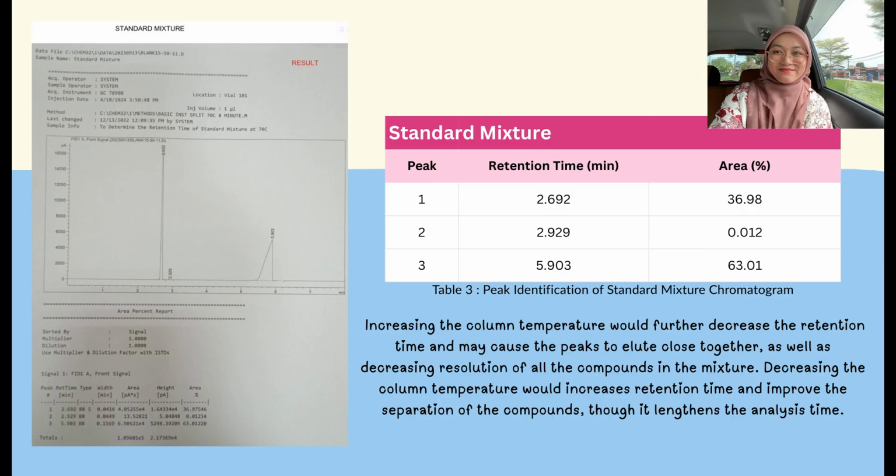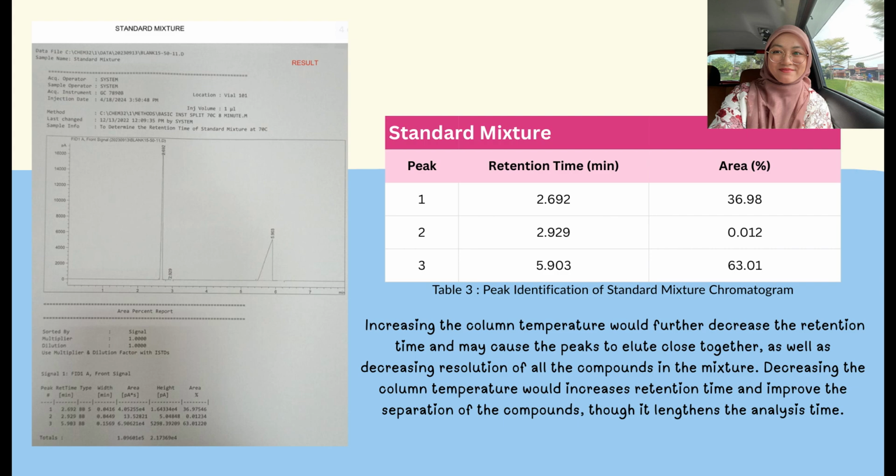And the second peak appears at 2.929 minutes with a very small area, which is 0.012%. And the last peak appears at 5.903 minutes with the largest area of 63.01%, showing that this compound is less volatile and interacts more with the column.